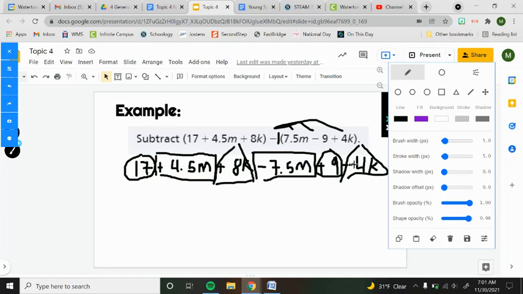I'm going to rewrite that negative sign just so you can see it, making it really big. Now we're going to combine our like terms. 17 plus 9 is 26. I've got 4.5m plus negative 7.5m, so that's going to get us negative 3m.